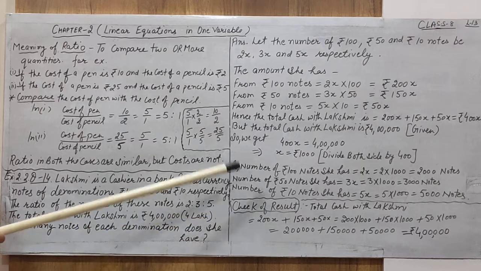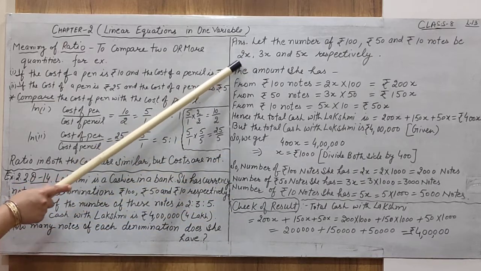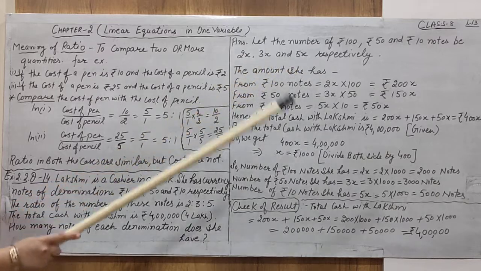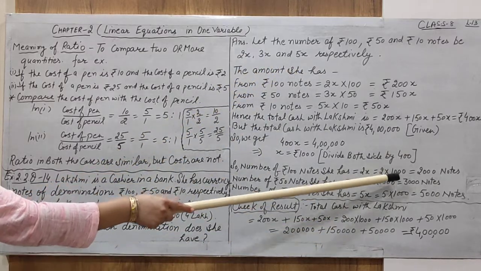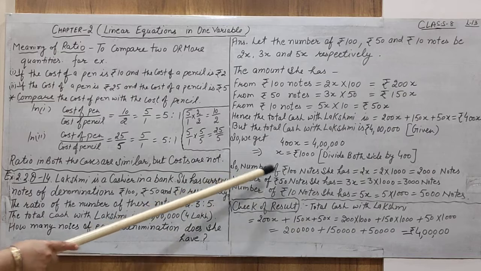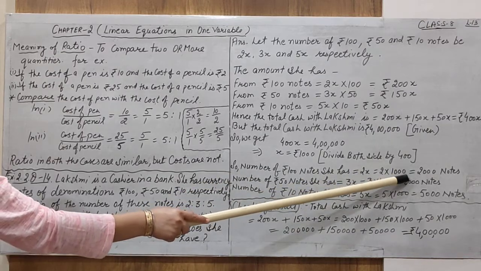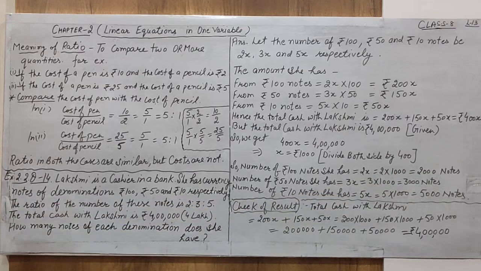We can find out by multiplying x with 2, 3 and 5. So put the value of x step by step. Number of 100 rupees notes, she has 2x. 2 is multiplied with 1000, that is 2000 notes of 100 rupees are present with the Lakshmi.